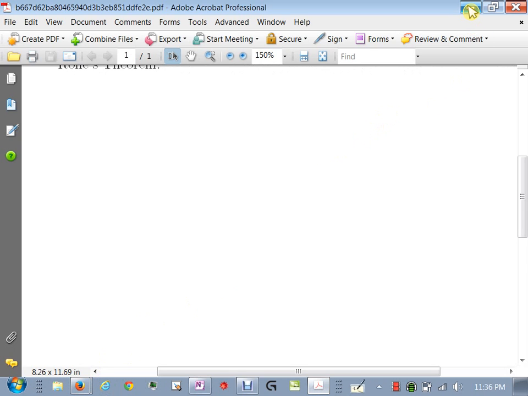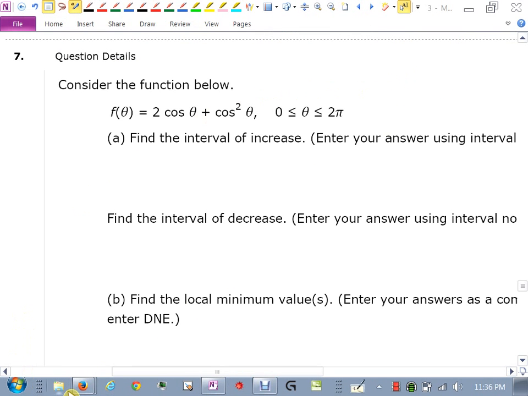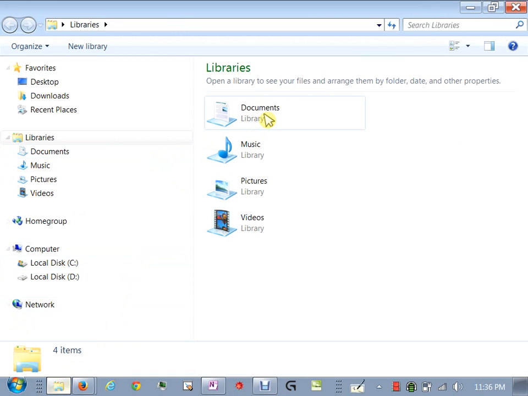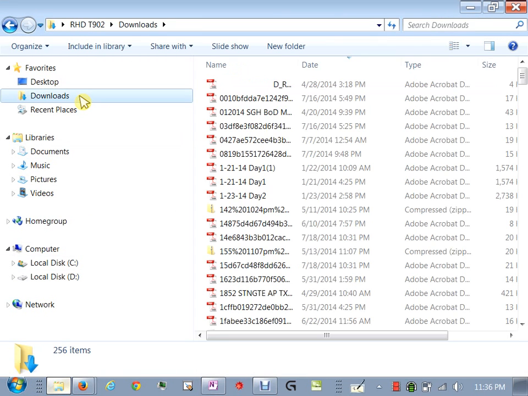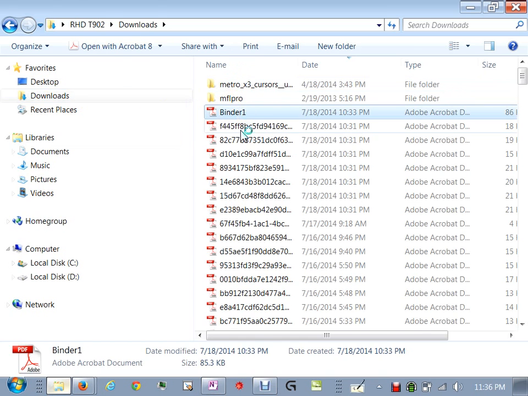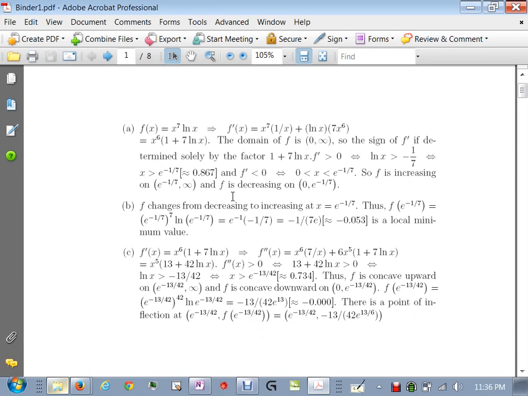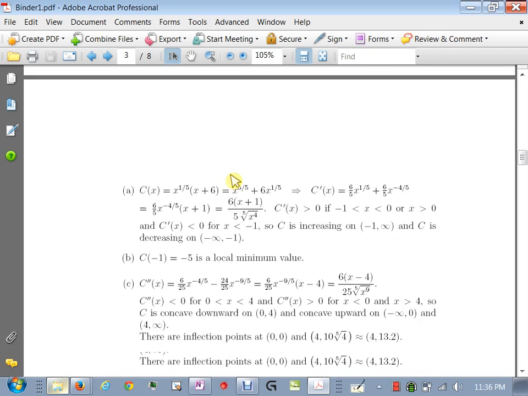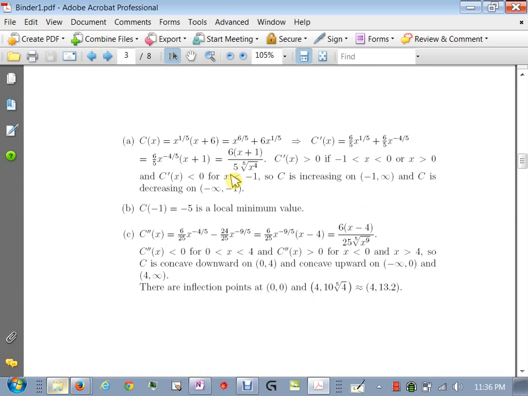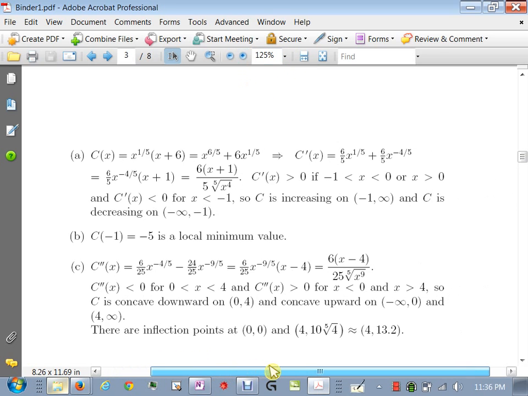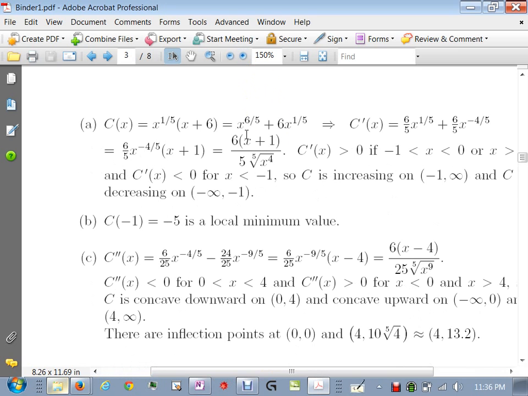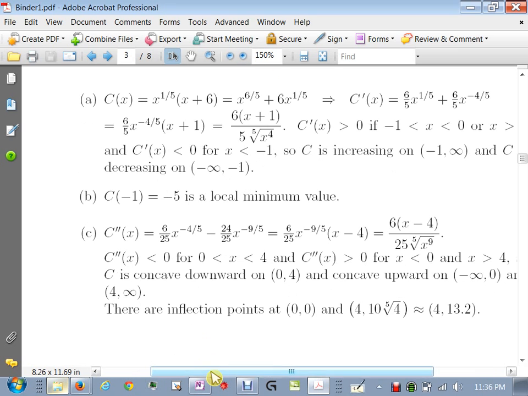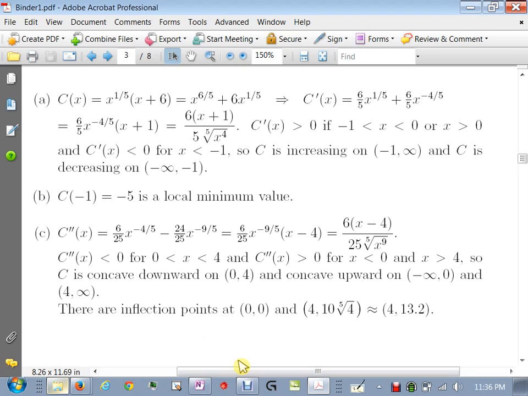Let's see, where did I put it? There it was. That's the one I just did. I didn't do that one. I'm not sure which one that was. You're going to have to go back and look. But here's the solution for it. Again, I'm going to make it bigger so you can see it. Yeah, that's it right there. So that's for this function right here.